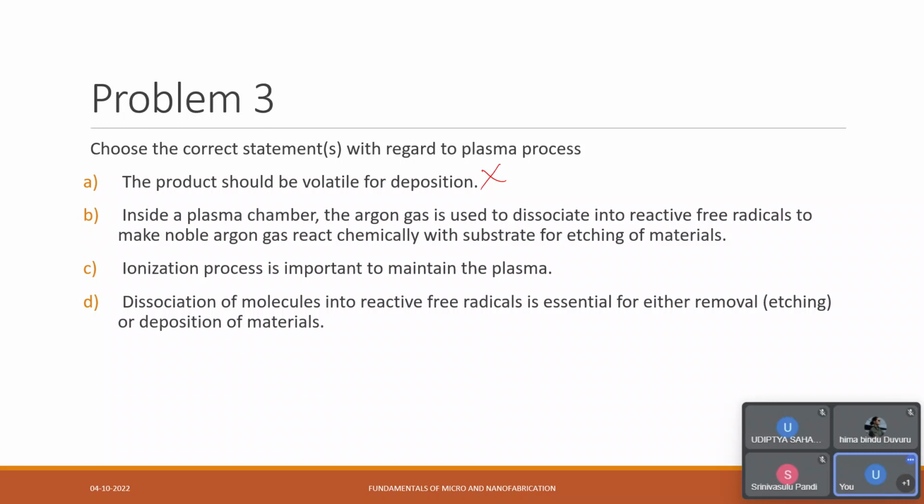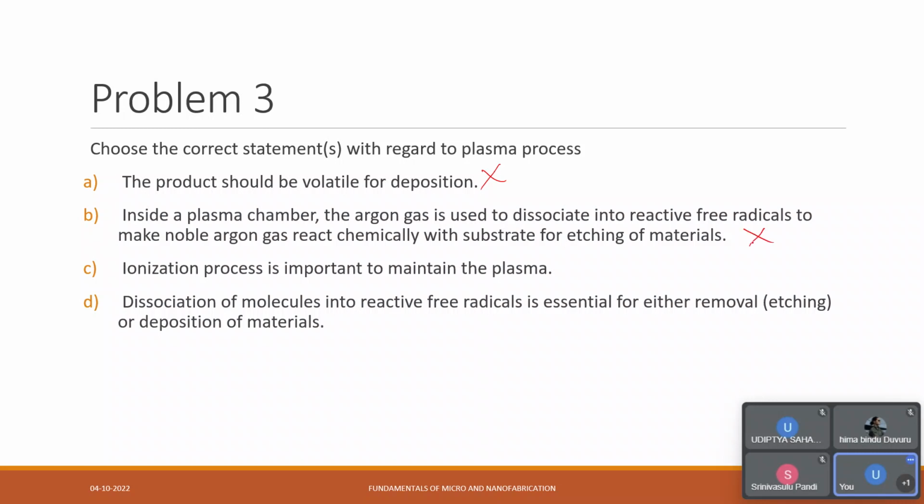So argon gas is used in plasma for generation of electrons rather than chemically reacting, because it doesn't chemically react with any substrate. For that we need reactive gases which break down into radicals, and they etch the materials. Argon instead takes a role in ionization.